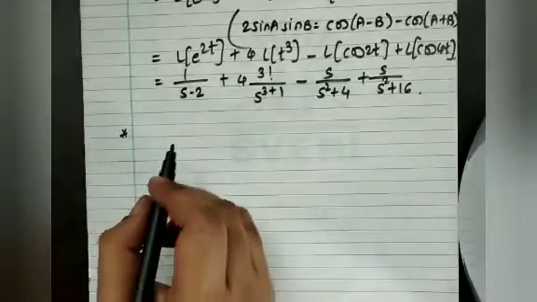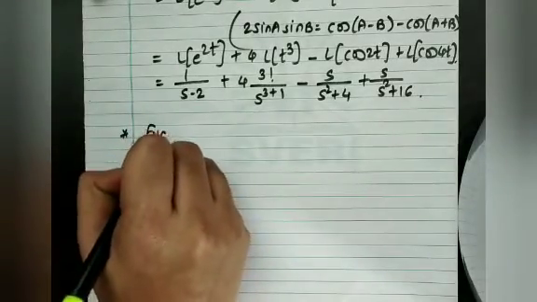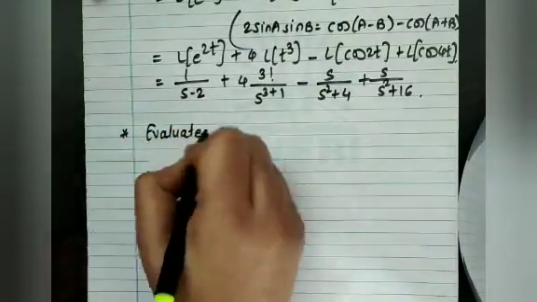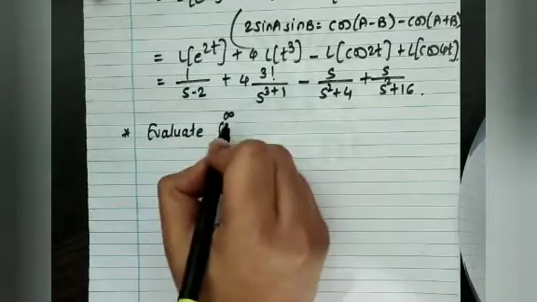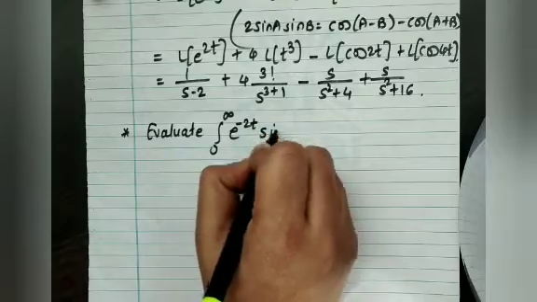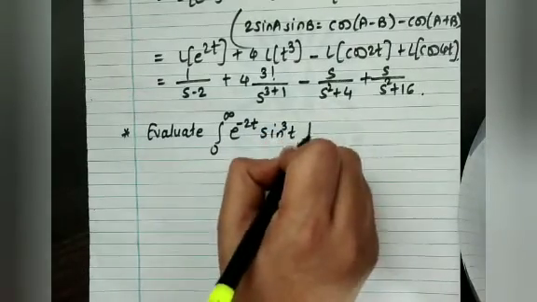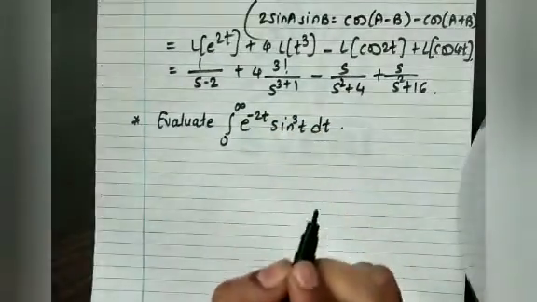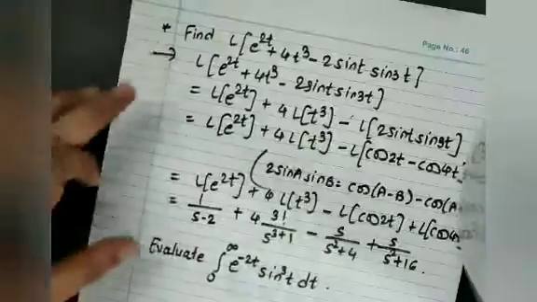Next example, evaluate. This is a different type of question. Evaluate the integration 0 to infinity e raised to minus 2t sine cube t dt. As this is the question, it is not 'find Laplace', it is 'evaluate'.